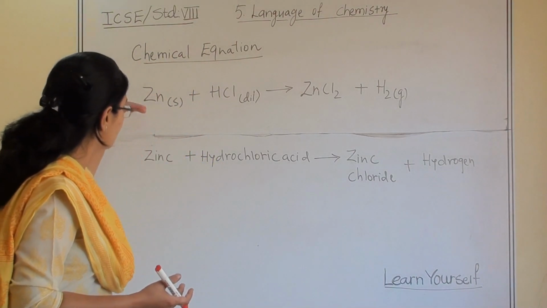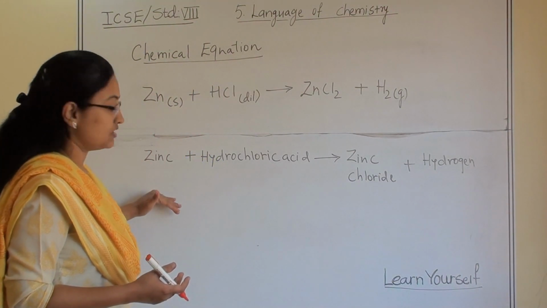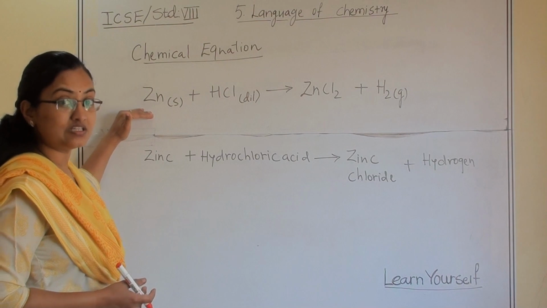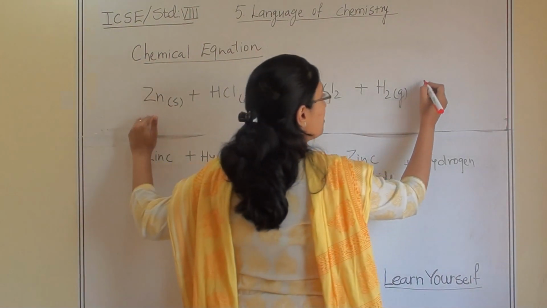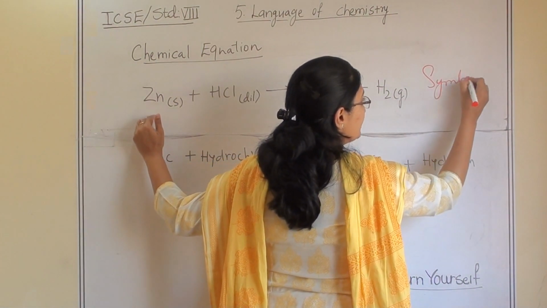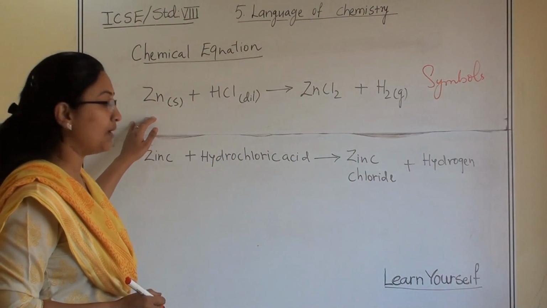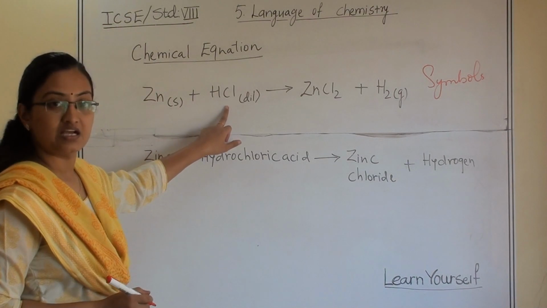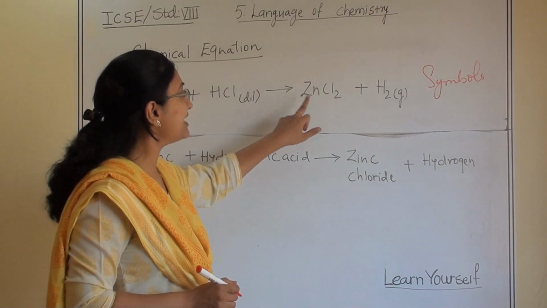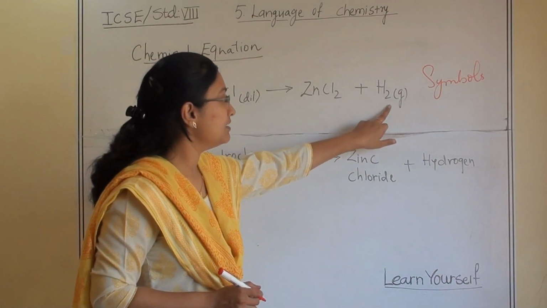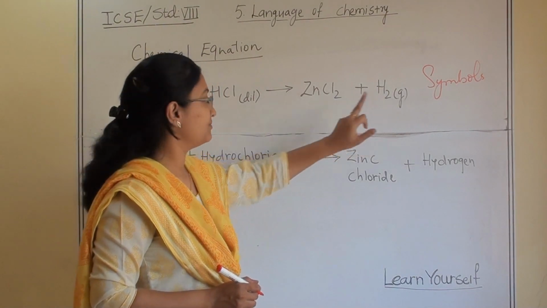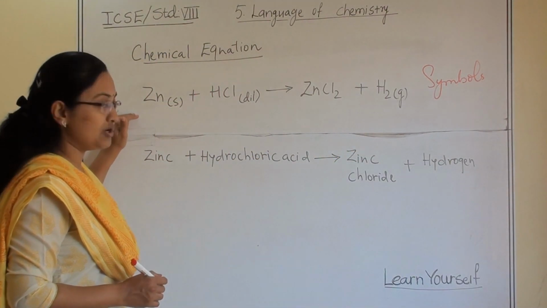Let us see the two forms of chemical equation. This is molecular equation, since we are writing all the symbols and molecular formula of that particular compound: zinc plus hydrochloric acid will give us zinc chloride plus hydrogen. So this is a molecular equation.